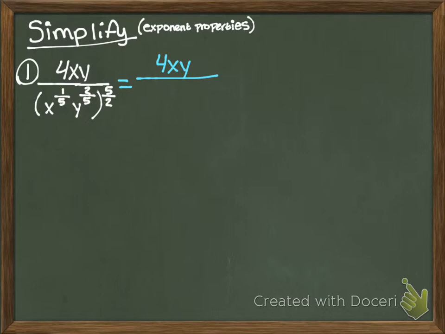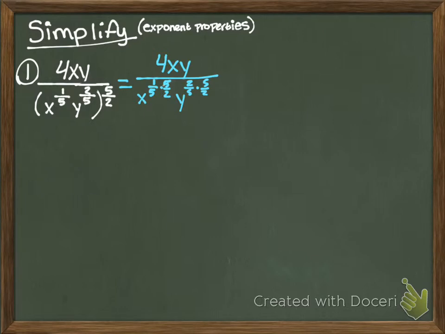And that was called the power of power property, for those keeping score at home. So we have x to the 1/5 times 5/2. We need to distribute that 5/2. And then we have y to the 2/5 times 5/2. So I distributed that 5/2 to the x and the y.